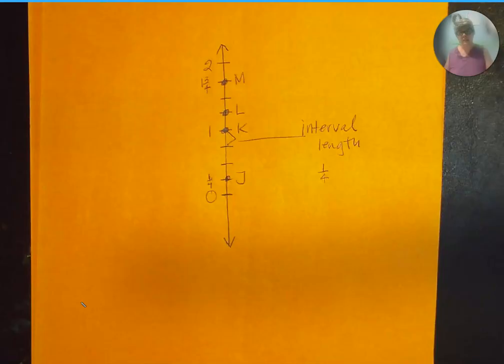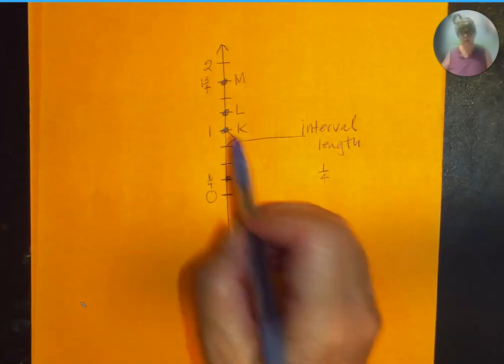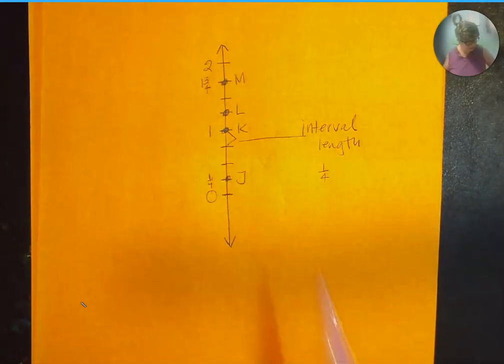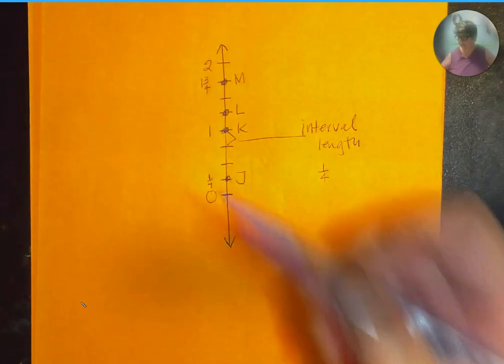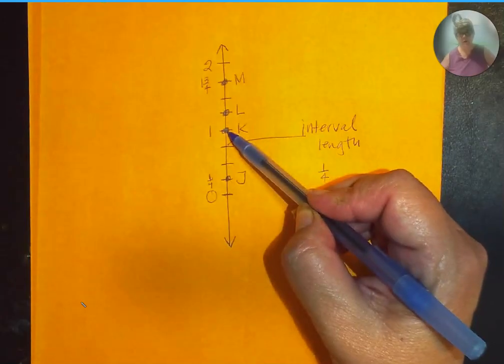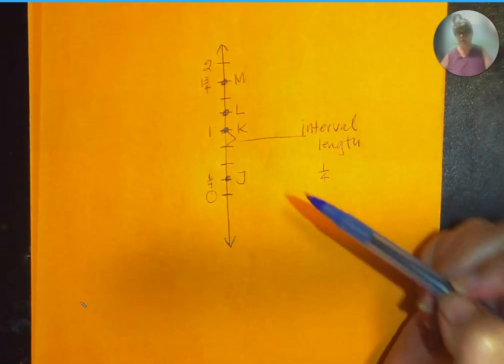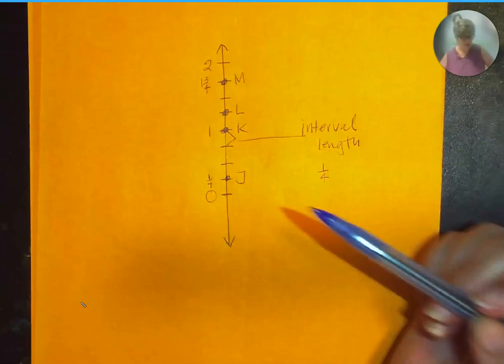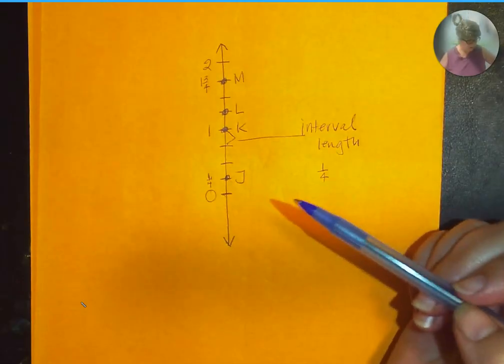What coordinate is point K? 1. Very good. And how many units further from 0 is point L than point K? Okay, how many units farther from 0? So L is 1/4 of a unit farther. Okay, so be careful to know whether you're working in fractions or whole numbers when you're looking at your coordinates.